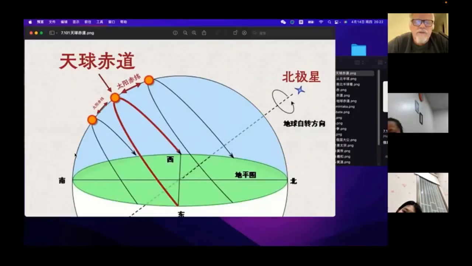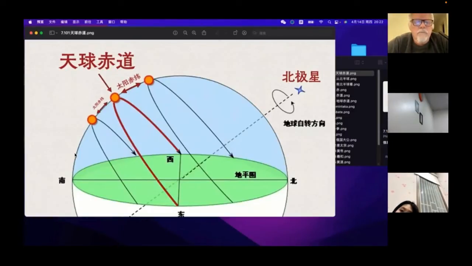It goes from east to west. In the winter, it's very low. In the summer, it's very high if you're in the northern hemisphere. And in the spring equinox and autumn equinox, it goes from directly east to directly west. And it veers to the south if you're in the northern hemisphere.